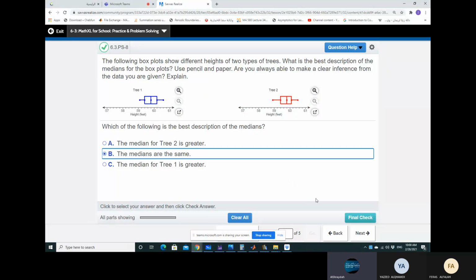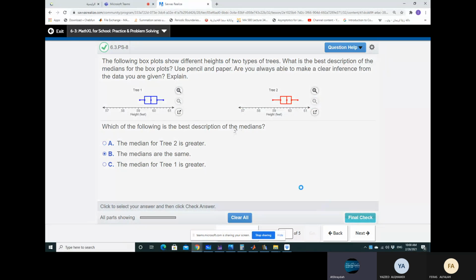Here also the medians are the same. Similar question. The line in the middle represents the median. Okay, here we have different medians. Look here, the median for tree 1 is about 73.5, and here it is about 71.2. So the median of tree 1 is greater.